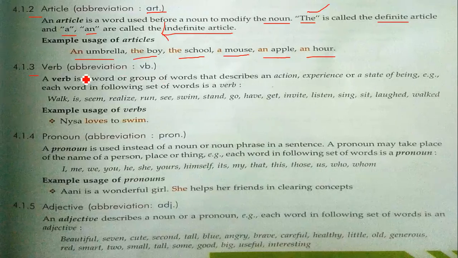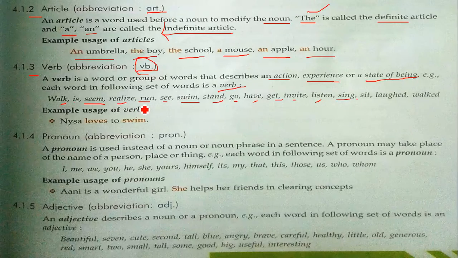The third point is verb, abbreviation in the dictionary. You can see V, and the definition is here. A verb is a word or group of words that describes an action, experience, or state of being. For example, each word in the following set is a verb: walk, is, seem, realize, run, see, swim, stand, go, have, get, invite, listen, sing, sit.